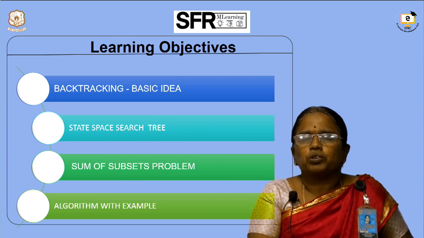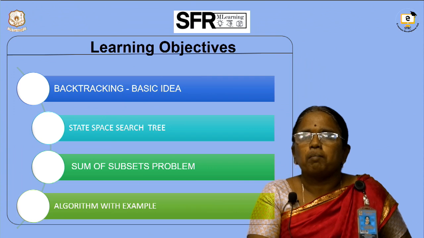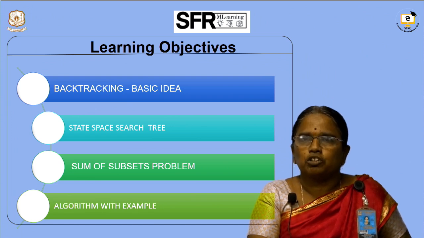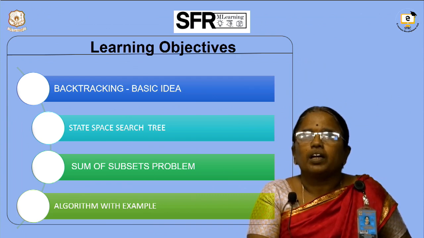The procedure that we are going to follow is, first we will see the basic idea of backtracking, then what is meant by a state space tree, and then we will particularize it to the sum of subsets problem and see the algorithm with an example.